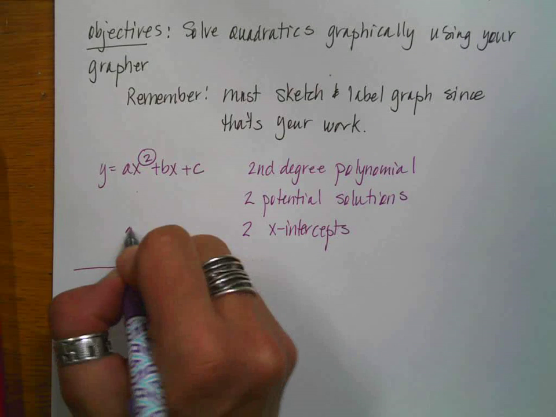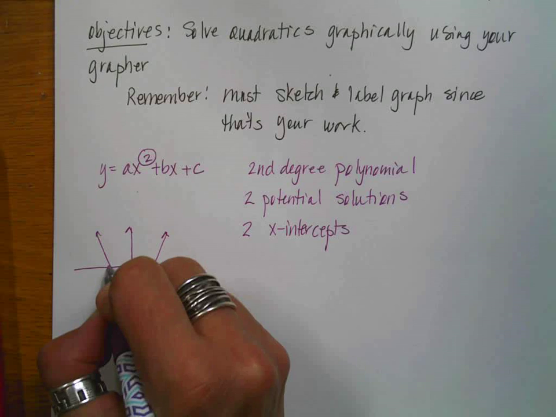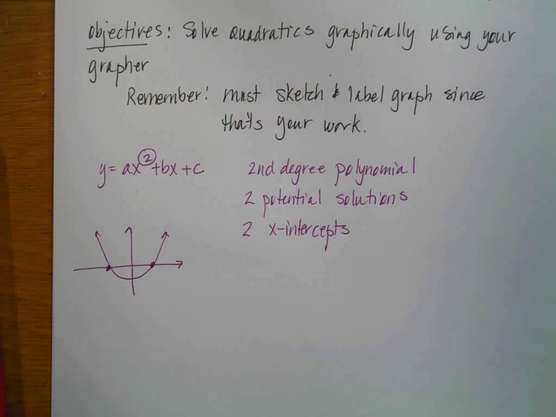So if I had a parabola or a quadratic, then it would have two solutions, right? Everywhere it crosses the x-axis.